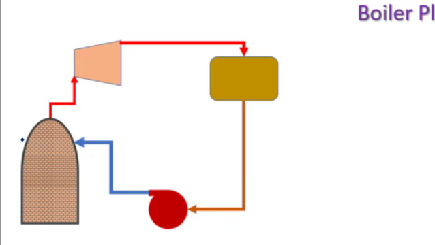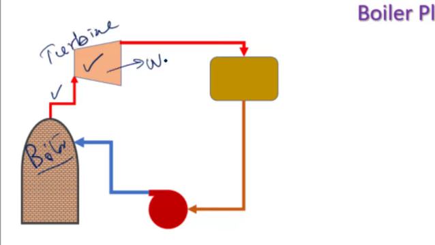Let us understand the cooling requirement of a cooling tower in a boiler power plant. A boiler produces high pressure, high temperature steam which is supplied to the turbine, and after expansion in the turbine and giving the work output, the steam is low pressure and low temperature.